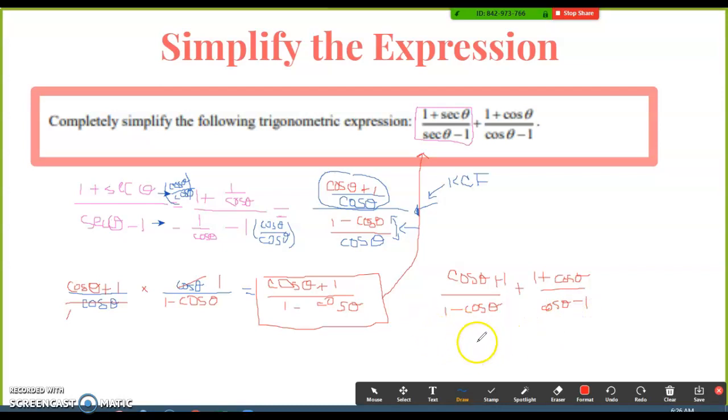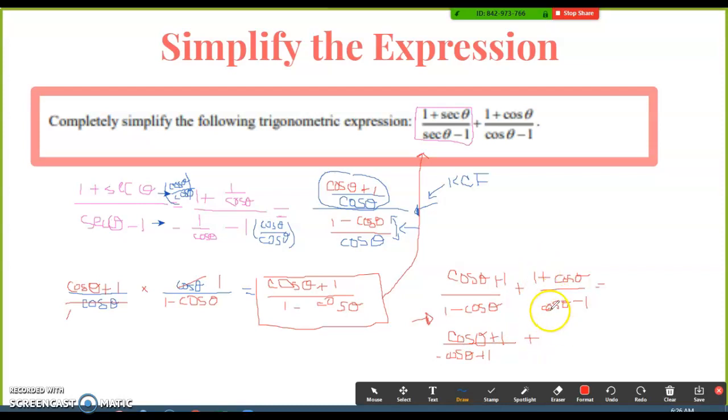Now, if I look at this, let's see if I can rewrite these denominators where they're kind of going the same way, because in order to add these two fractions together, I need a common denominator, and they look pretty darn similar. So I am going to rewrite the denominator here and see what I got. So if I move the cosine in the front, my denominator would change to a negative cosine of theta plus 1. My numerator would be cosine of theta plus 1.